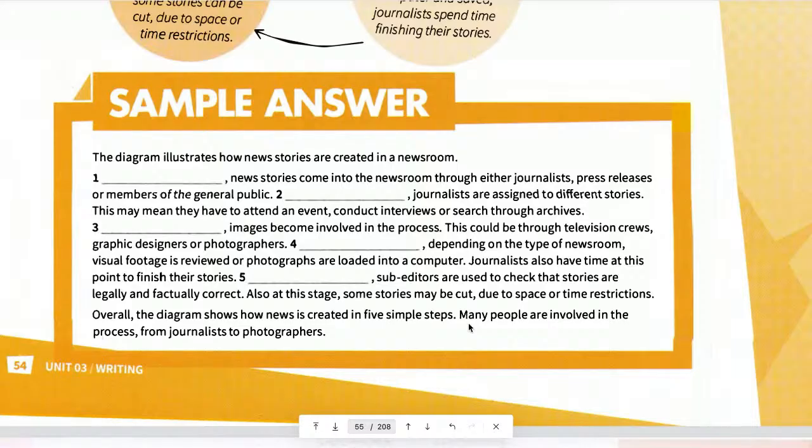Also, at this stage, some stories may be cut due to space or time restrictions. Overall, the diagram shows how news is created in 5 simple steps. Many people are involved in the process, from journalists to photographers.